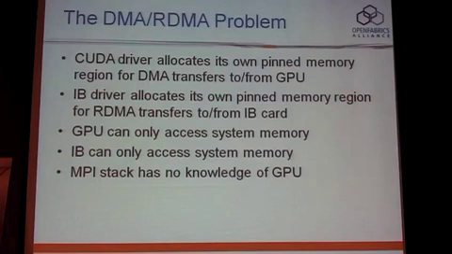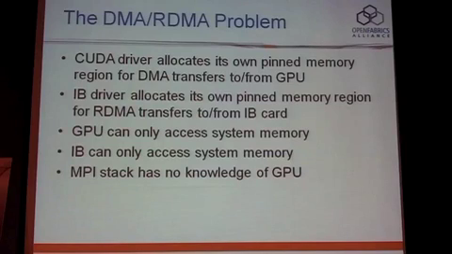The problem is that these two drivers have no knowledge of each other's pinning. So if you allocate something through the GPU driver and it gets pinned, the IB driver has no knowledge of that pinned region and has to assume that it's not pinned and then goes through a slower path.